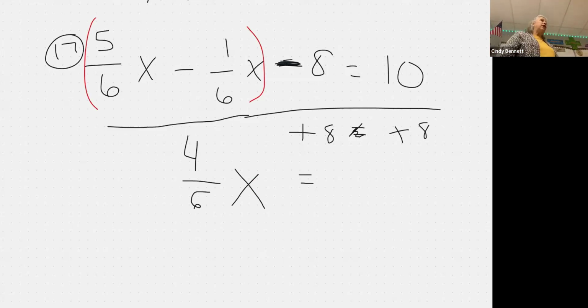So what's my next step? Multiply by what? Okay, so if I just multiply by, but I have to do it on both sides. Okay, Fiora, you can take it from there.